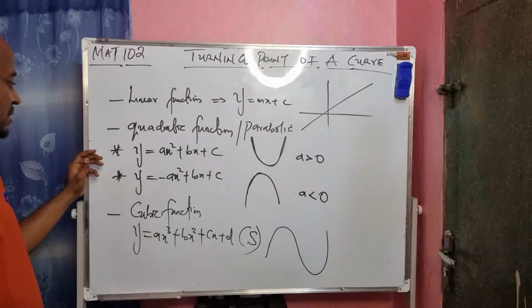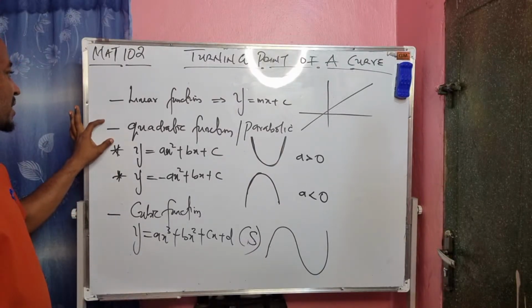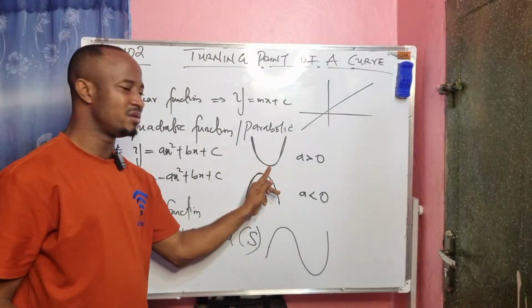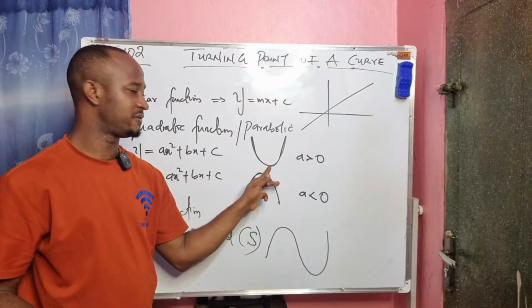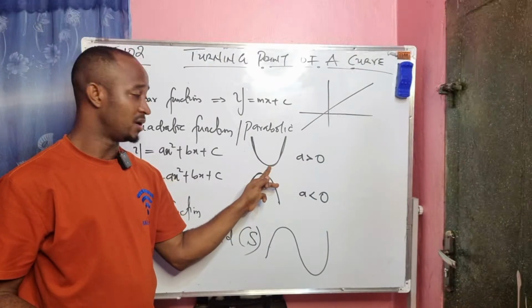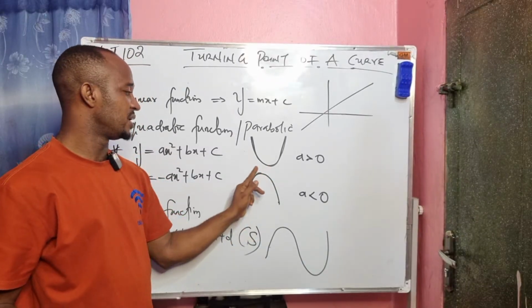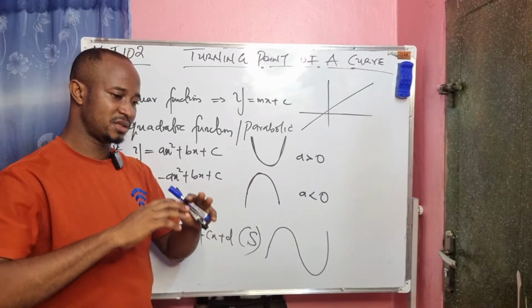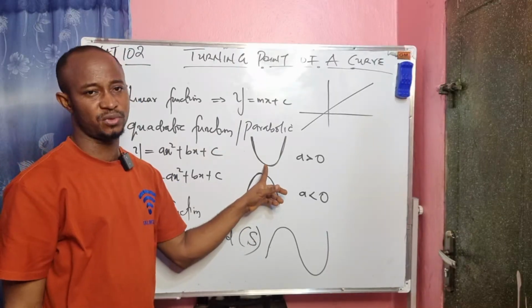Now, there's one thing I want us to take note of in quadratic function and cubic function. In the quadratic function of this kind, we have a point called the minimum point, the lowest point in the graph. The highest point in this graph is called the maximum point. So whenever a curve opens upward, the curve has a minimum point.